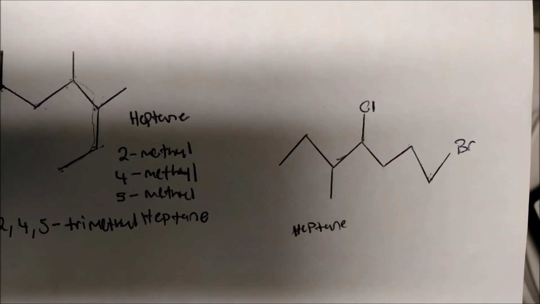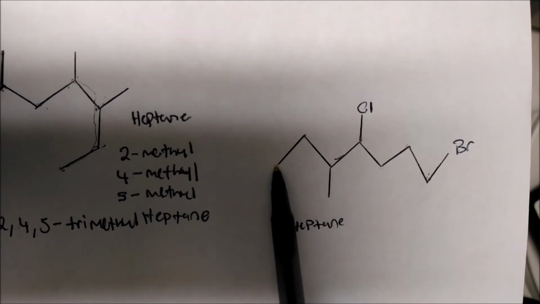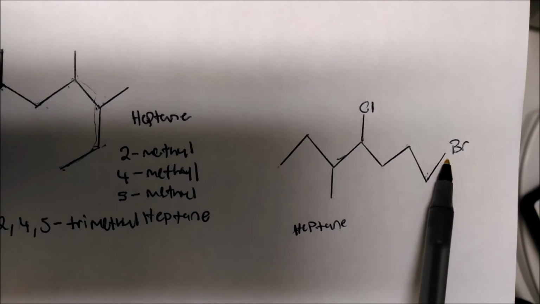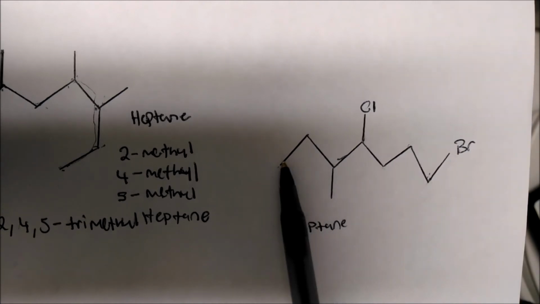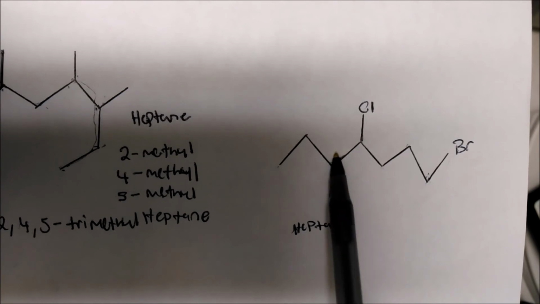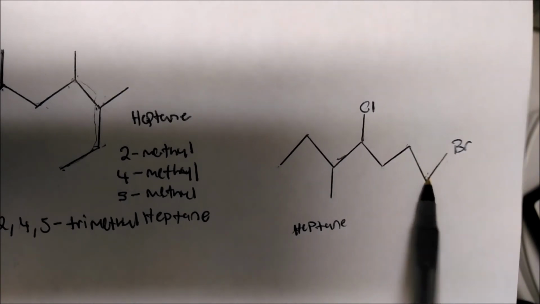All right. So how are we going to label this? I could start from here, but I'm going to start from here, and here's the reason why. On carbon 1, we have a bromo. Starting from the other end, the first substituent doesn't come until carbon 3. The first substituent here is actually on carbon 1, which is bromo.